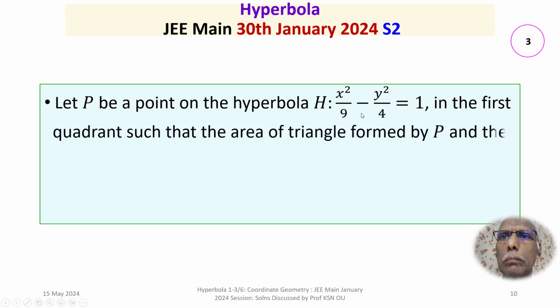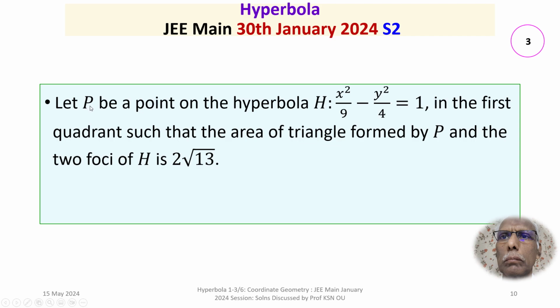So, you are given a hyperbola H and P is a point on this hyperbola in the first quadrant, such that the area of the triangle formed by P and the two foci of H is 2 multiplied by under the square root of 13.